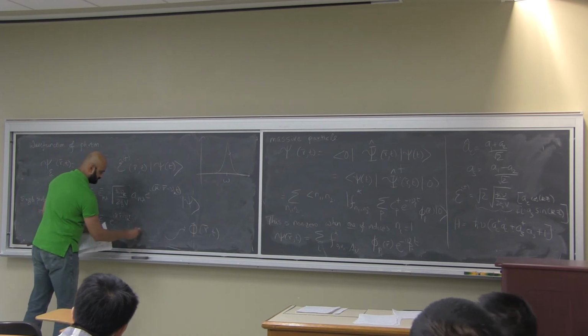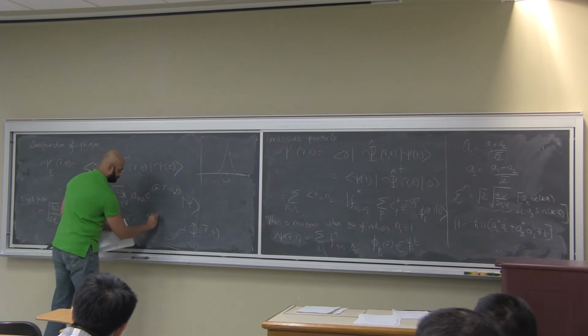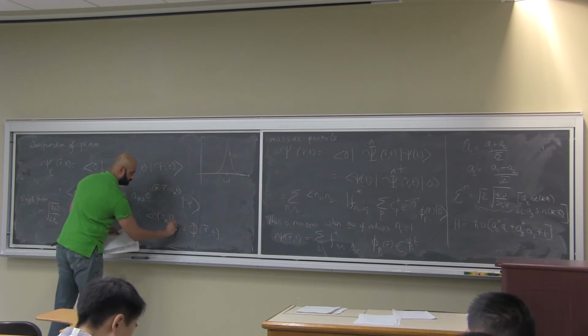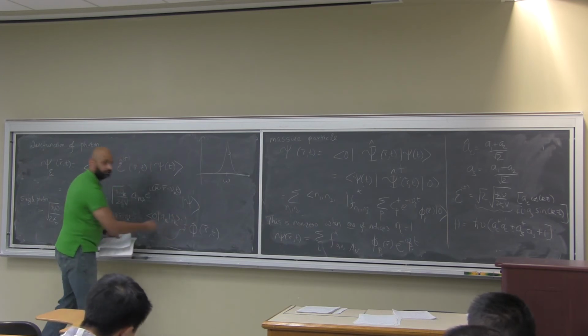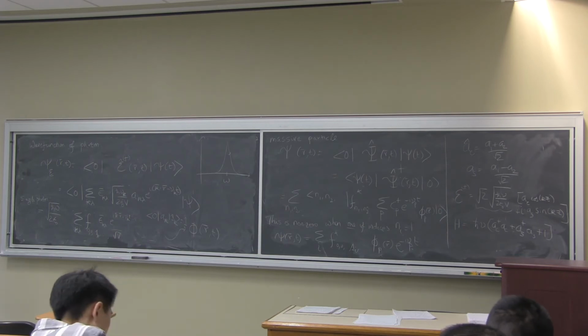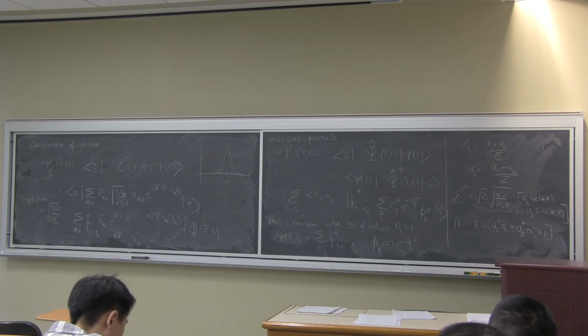Because this is the state 0, a_k, 1_k, that matrix element is 1, so I just remove that also, right? Okay. So that's for a single photon field.